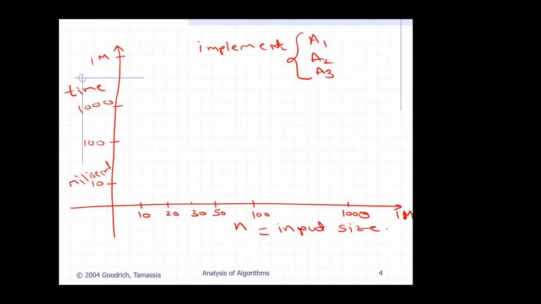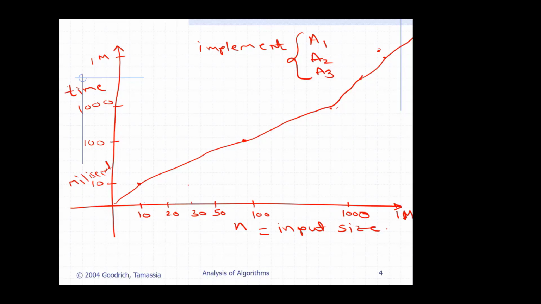So let's say when the input size is 10, A1 takes 10 milliseconds. When input size is 100, A1 takes 100 milliseconds. When input size is 1000, it takes 1000. When input size is 1 million, it takes 1 million milliseconds. Here it is looking different, but generally it will be a linear line which goes through all these points.